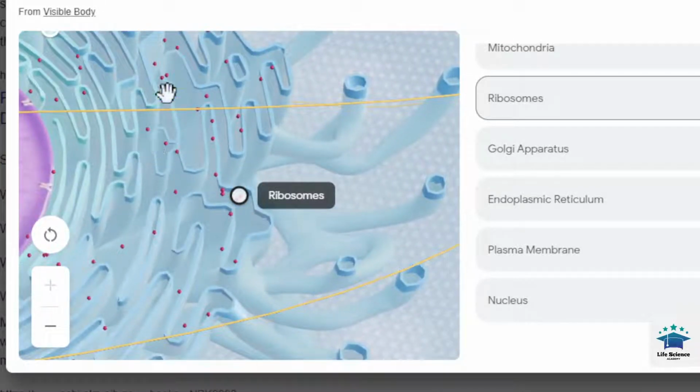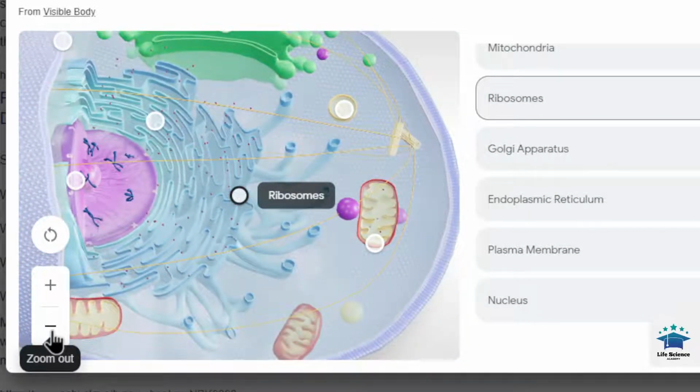This pink molecule is the ribosome, the protein factory, where the production, or synthesis, of protein happens.